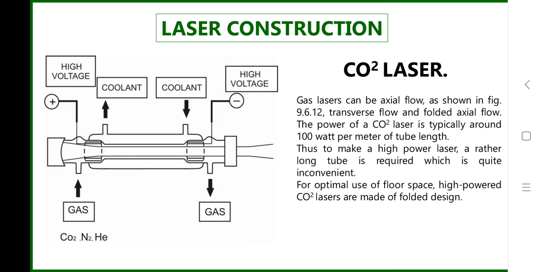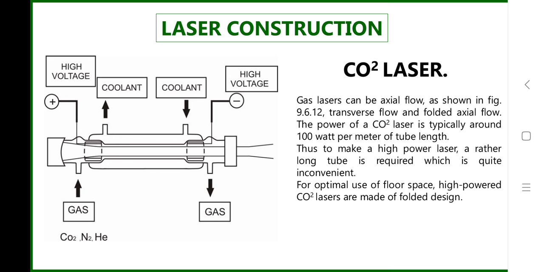Now we will see the construction of these lasers. First I will discuss the CO2 laser. Here I have shown the figure of the CO2 laser. Gas lasers can be axial flow, as I have shown in the figure, transverse flow, and folded axial flow also.